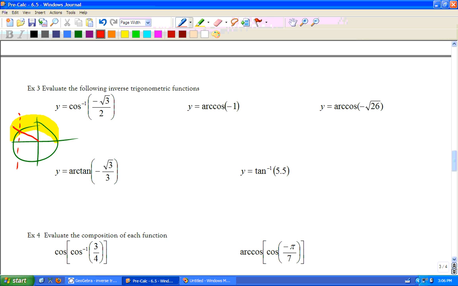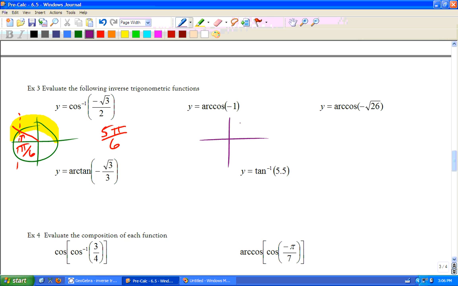That only happens at one place, and that's when we have a reference angle of pi over 6. Now, a reference angle of pi over 6 coming back from pi means our solution is 5 pi over 6. The more familiar you are with the unit circle, the more convenient these problems are. It's just a lot easier.